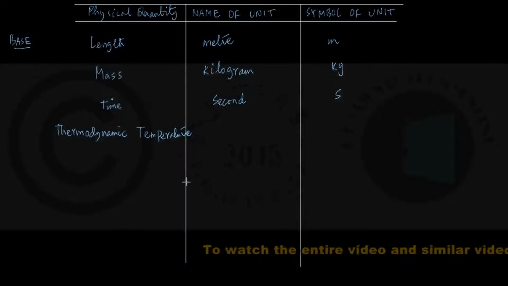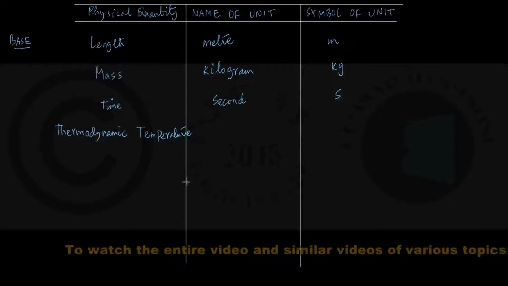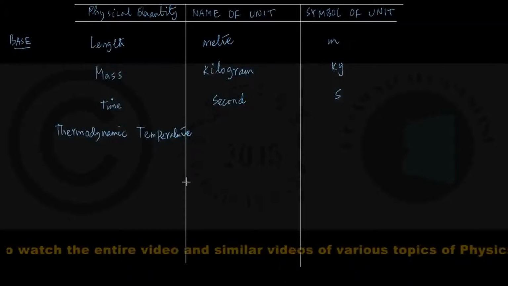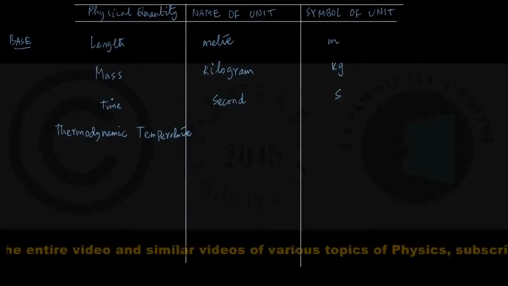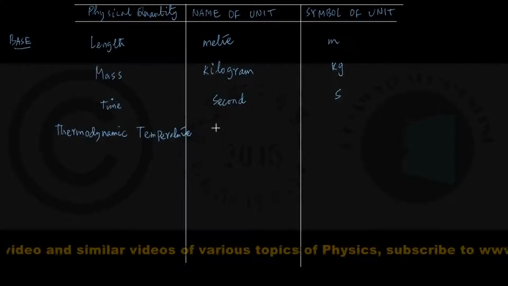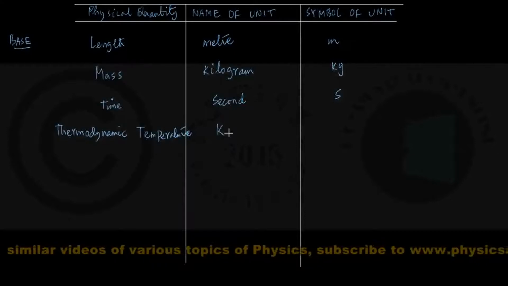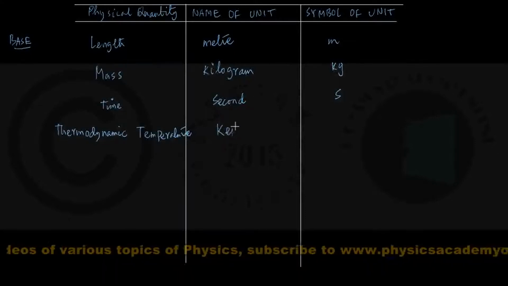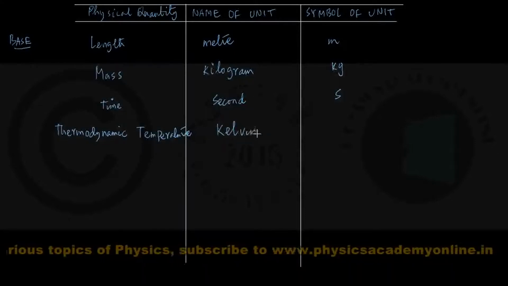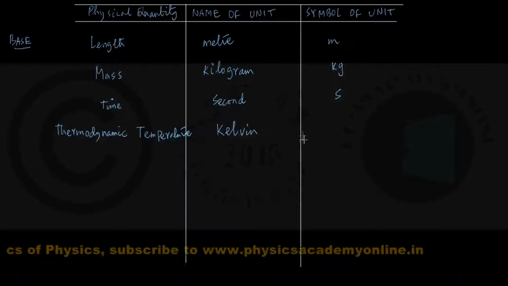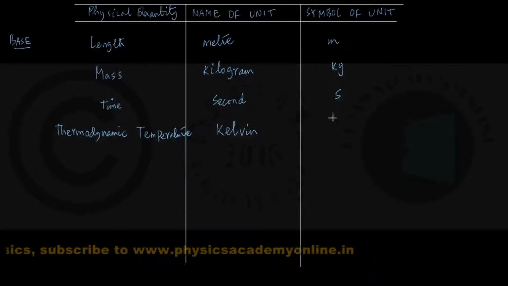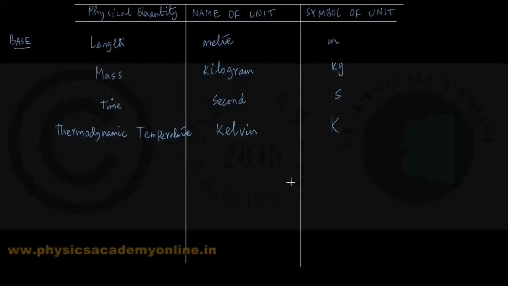But today in SI, the unit is Kelvin temperature, named after Lord Kelvin. And this temperature being the base quantity, its unit is called kelvin. This is small k, although named after a scientist. You write the full name of the unit with small letter, that is kelvin. But while writing the symbol of that, it will be capital K. I shall explain these things point by point, but you are already seeing a few things and trying to keep them in mind.